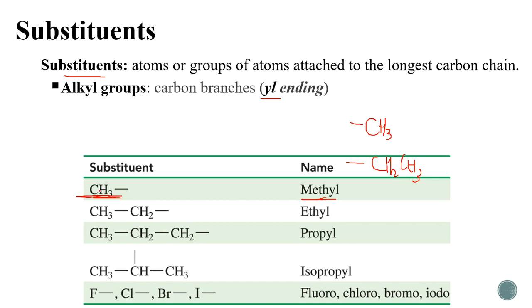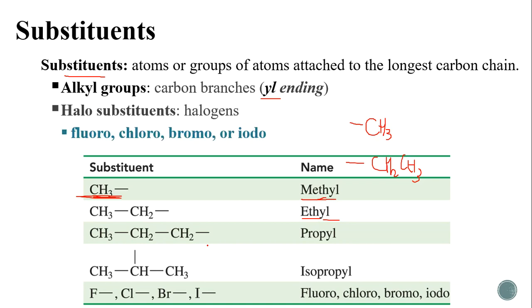So if I add a single carbon branch, that's methyl. If I add a two carbon branch, that's ethyl: eth for two carbons, YL because it's a branch. If I add three, that's propyl, and so on and so forth. That's the first type of substituent.